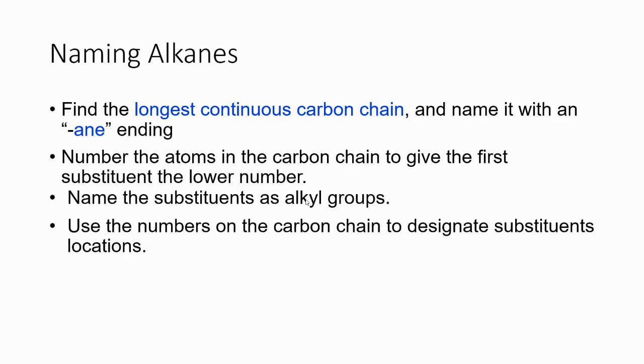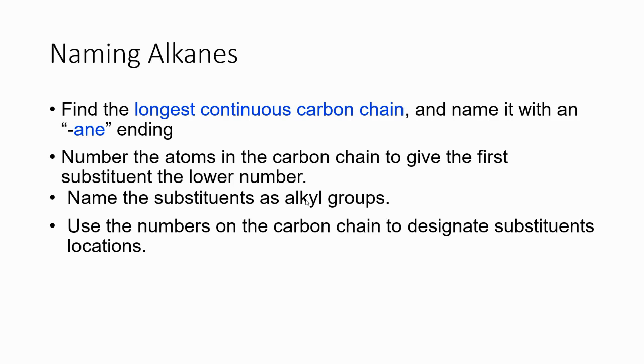We have our naming chart. If it's a CH3 substituent, that's called a methyl. We have ethyl, and we have propyl. If it's attached in the middle of the propyl, that's isopropyl. Then we use the numbers on the carbon chain to designate the substituent location.